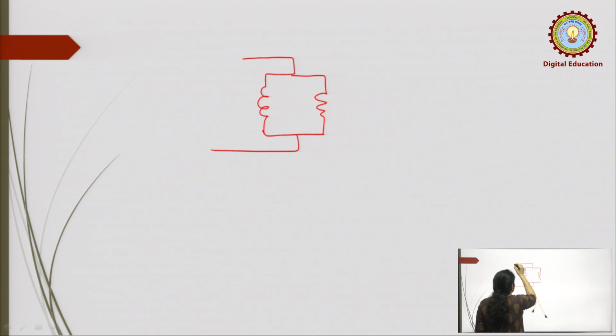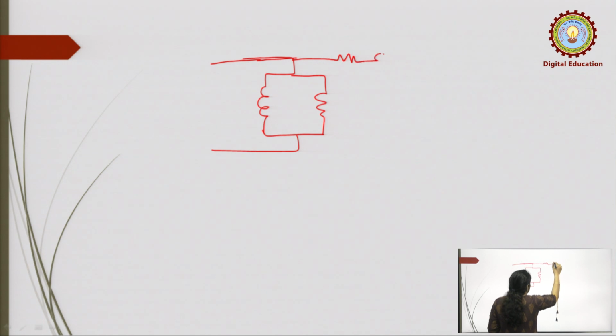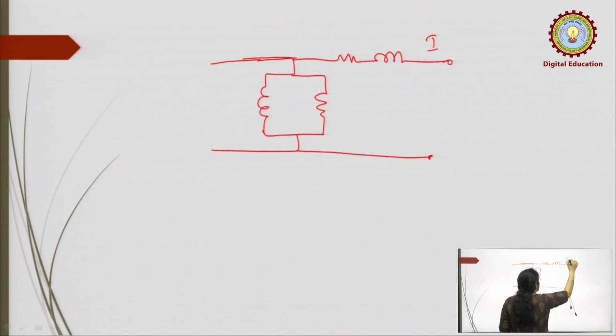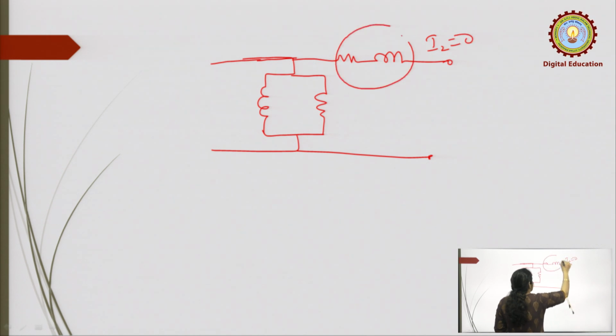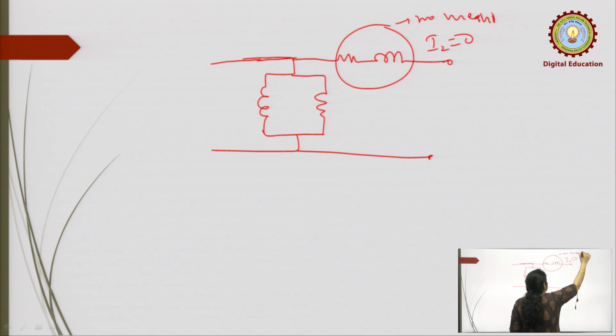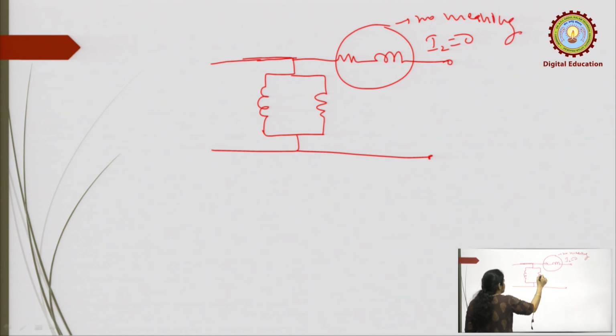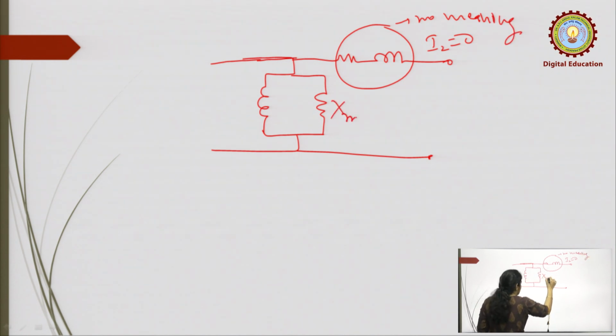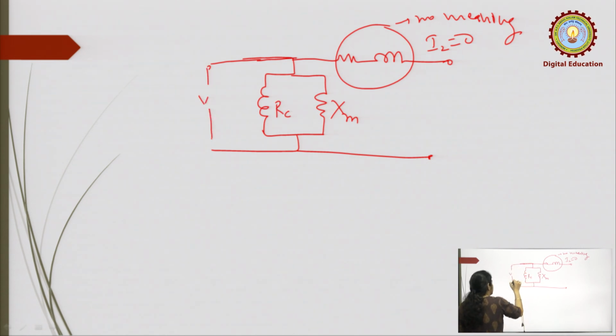If you draw the approximate equivalent circuit, it is like this, but I2 is 0, so the secondary part has no meaning. Only this part remains here, and it is performed at the rated voltage.